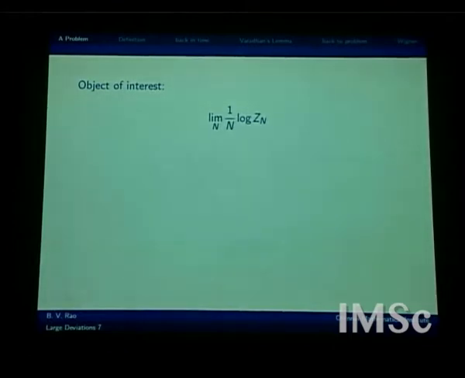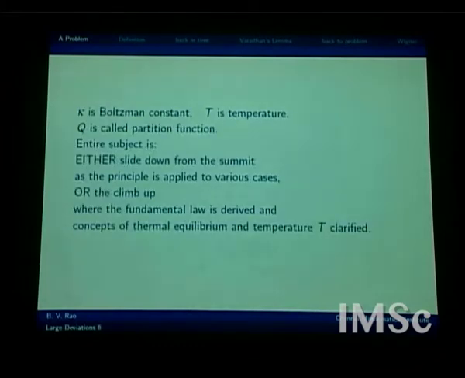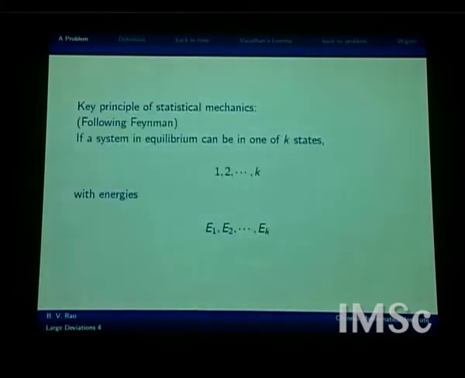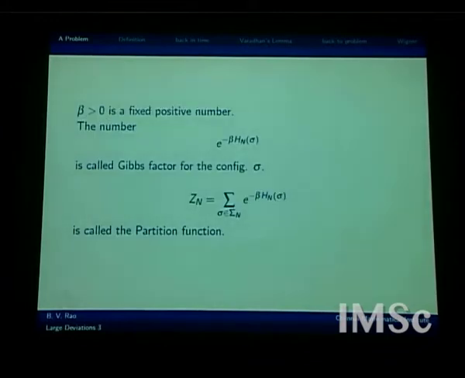The object of interest is 1 by n log Zn. You would wonder how suddenly this log came into the picture. So, if you look at log Zn, suppose you differentiated that with respect to beta, then log of f differentiates to f prime by f.